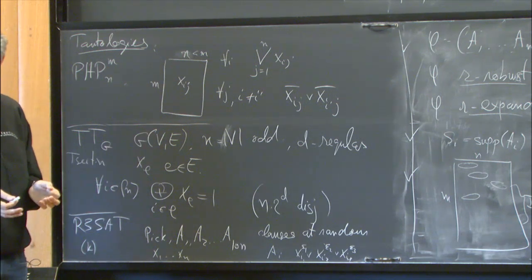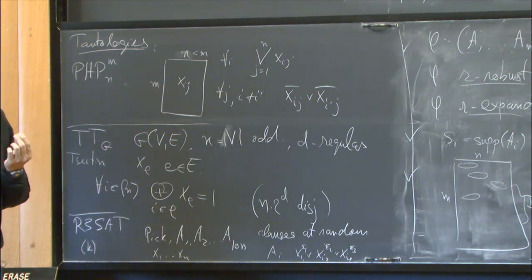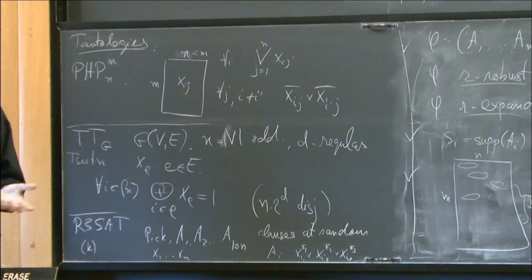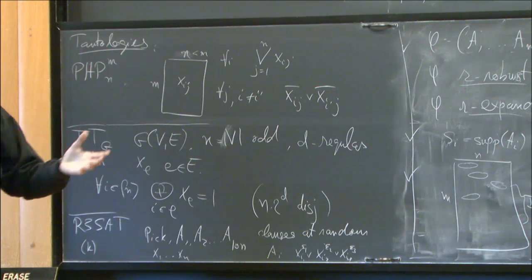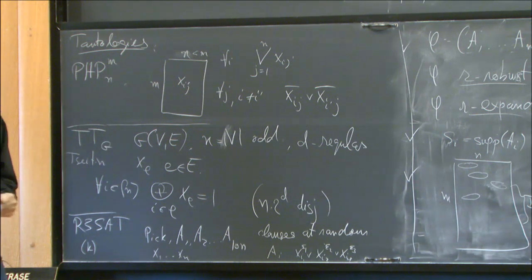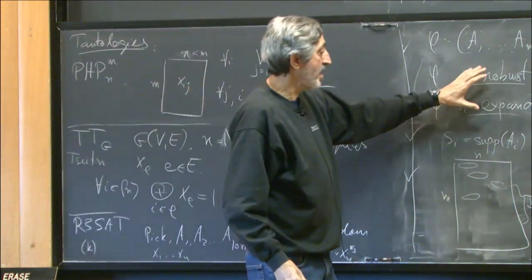We have a subset of the vertices, and we look at the edges touching them. So what is the boundary? The boundary is exactly the edges between this set and its complement. Right? What is an expander? An expander is one for which this set is large as long as we don't go over half the vertices. Right? So you can really see that.